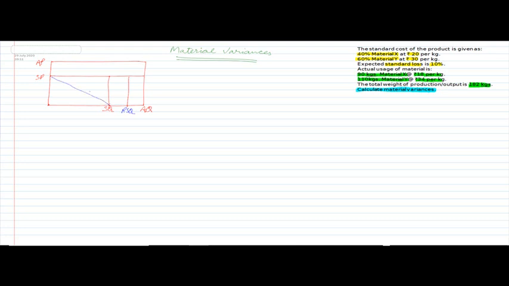We can draw the lines: standard price into standard quantity, standard price into revised standard quantity, standard price into actual quantity, and last one is actual price into actual quantity. The 4 lines have been there: 1, 2, 3 and 4.